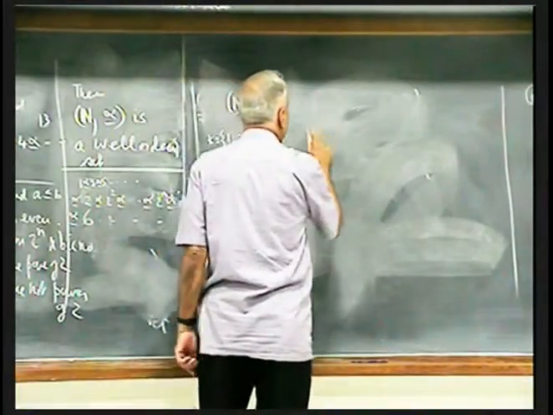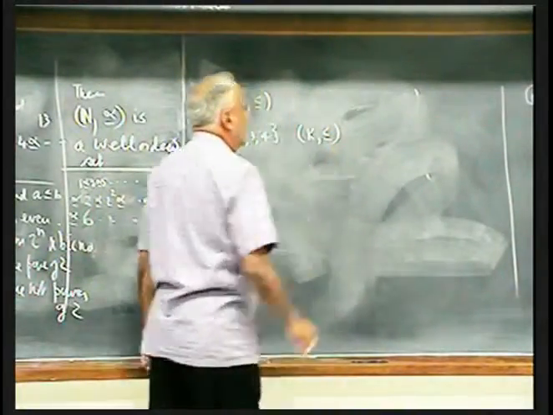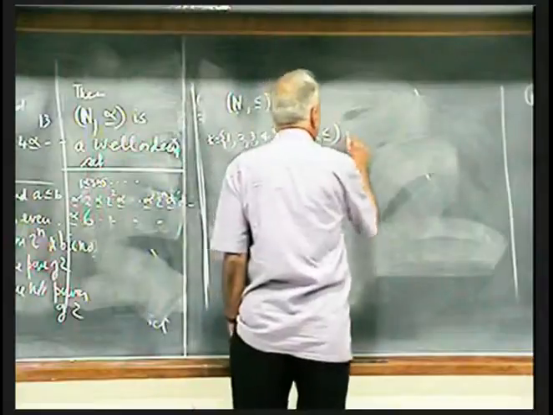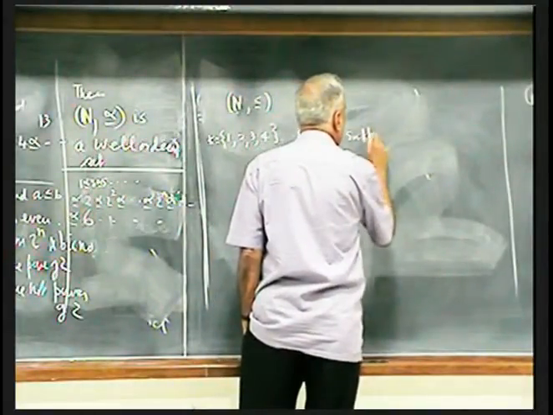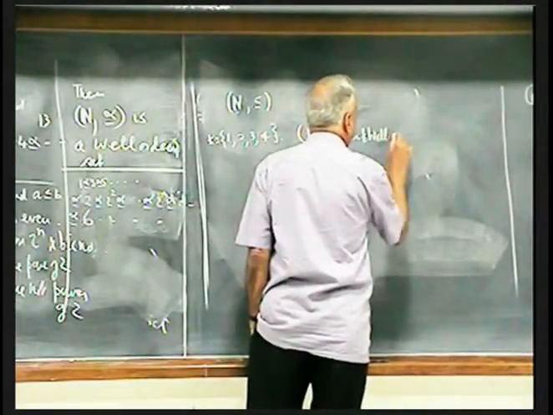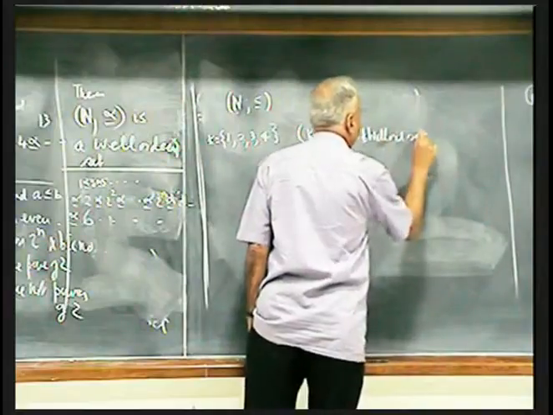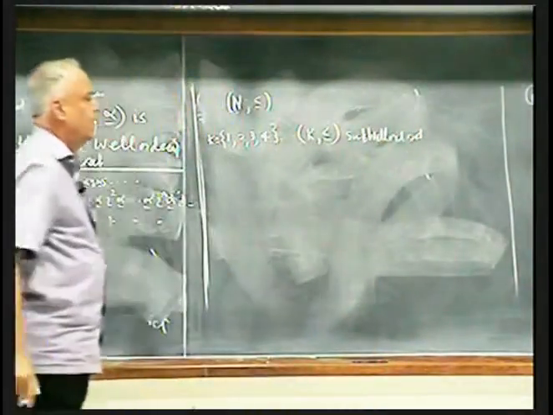Then K is a subposet, which is also a well-ordered set. I call this sort of subposet.